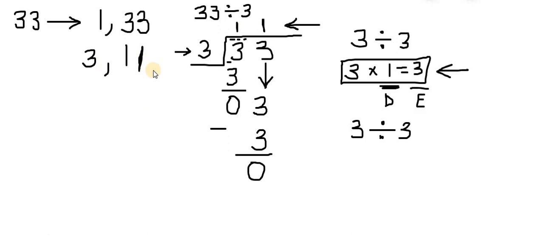Now, I don't believe there are any other factors of 33, but if you believe there are, you can check numbers from 1 to 33, check any number you think is a factor, divide 33 by that number, and see if it produces a remainder or not. If it produces a remainder, it's not a factor. But I think those are all the factors of 33.